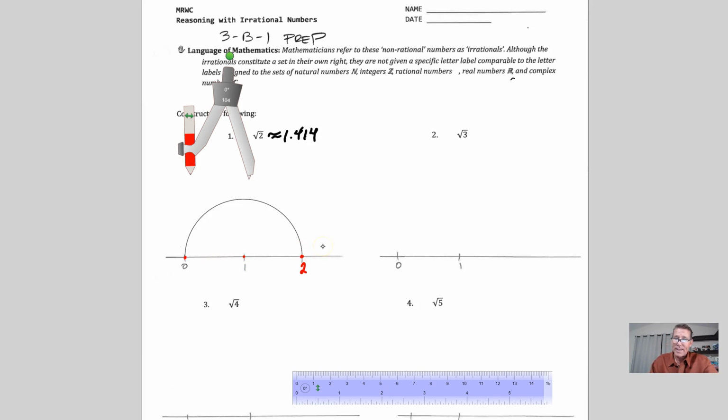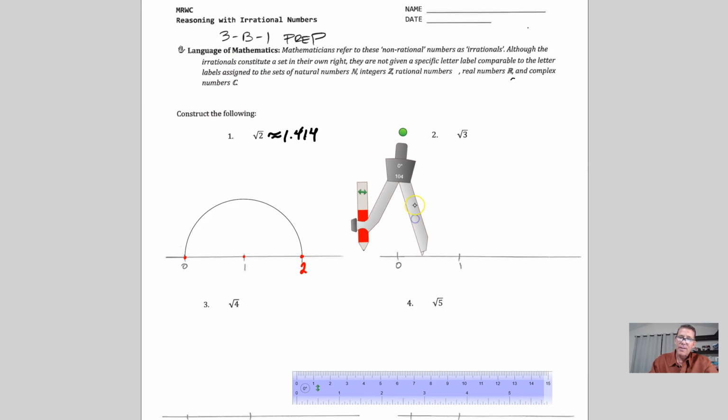Okay, now in order to construct the square root of 2, one of the key concepts for this one right here is to construct an isosceles triangle with side lengths 1. So let me just put the key up here. Okay, we want an isosceles triangle here, isosceles triangle, legs equal to 1.